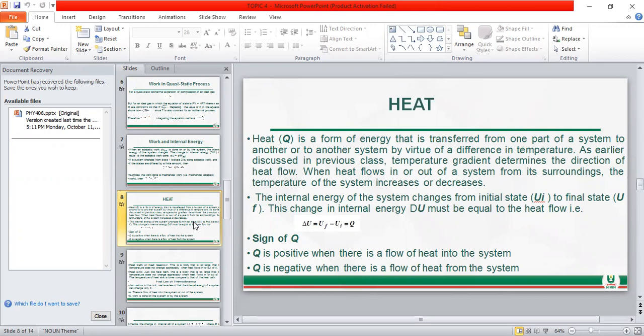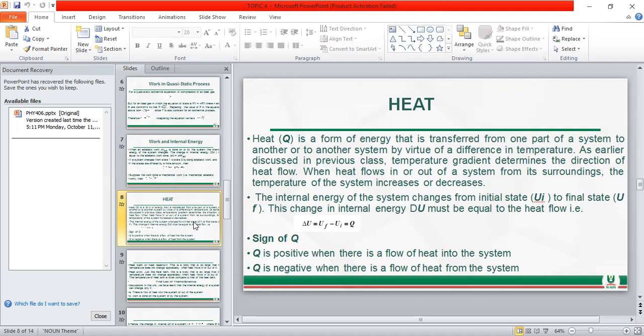The same thing is if you are holding an ice block, you discover that it is cold. It's because the temperature of your hand is much higher than the temperature of the ice block. So, as earlier discussed in the previous class, the temperature gradient determines the direction of heat flow, which I've said.